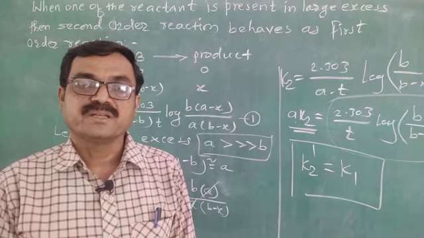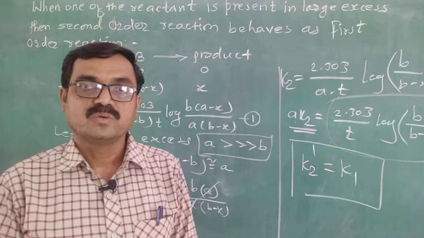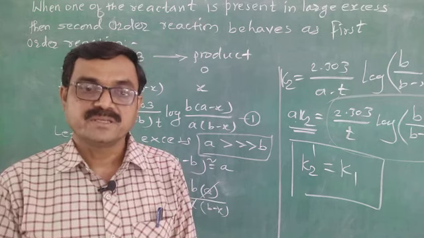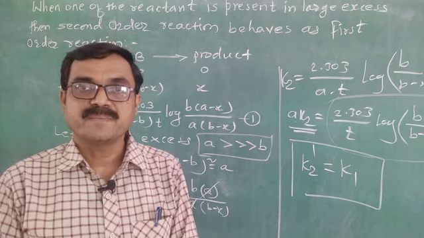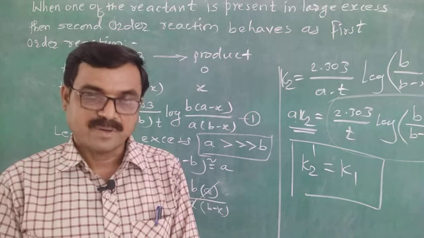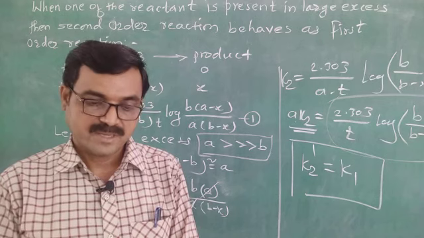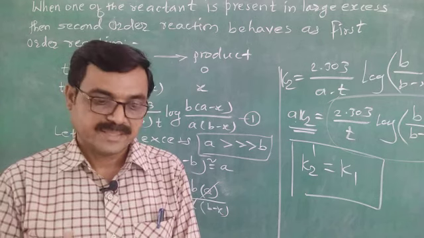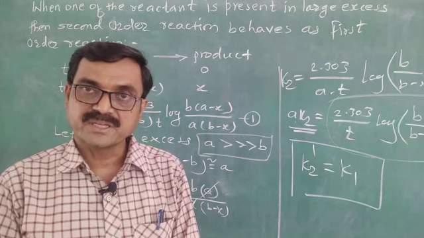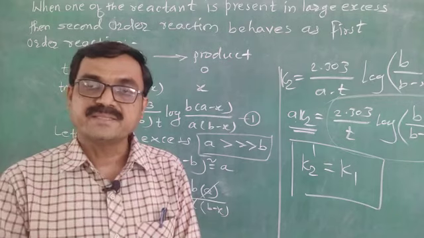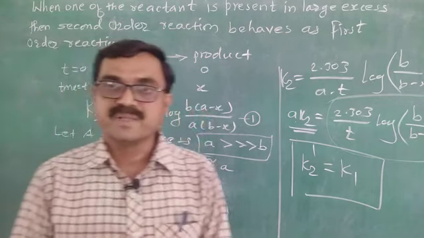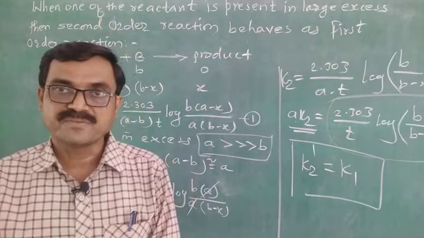In second order reactions, we came to know the rate equation for the rate constant when initial concentrations are the same, then characteristics about the unit of rate constant, then half-life period, then graphical representation, then change in the initial concentration, and today the last one, that when one of the reactants is in excess, then it behaves as first order.